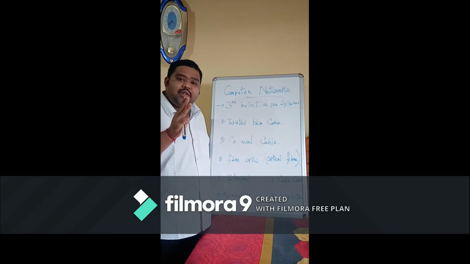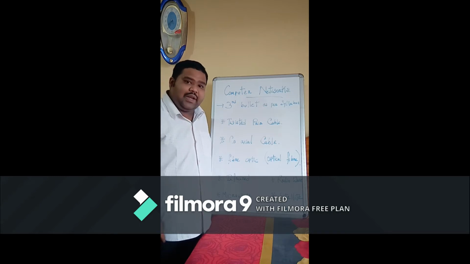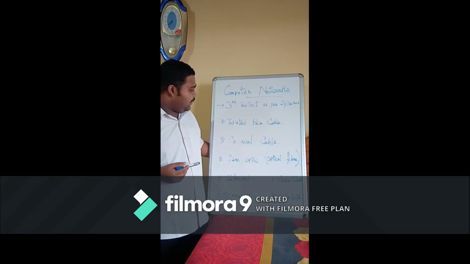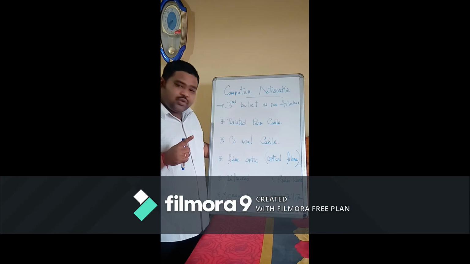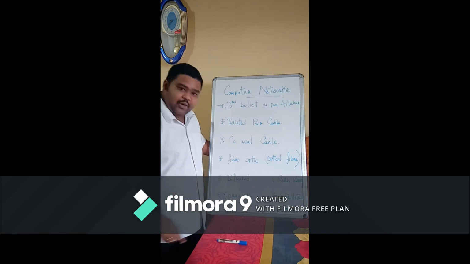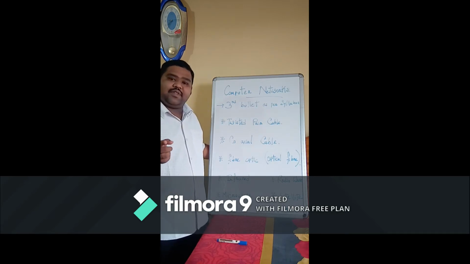So in twisted pair cables, copper wire is used. One more term you got just now, electromagnetic spectrum, that you will get in physics also.